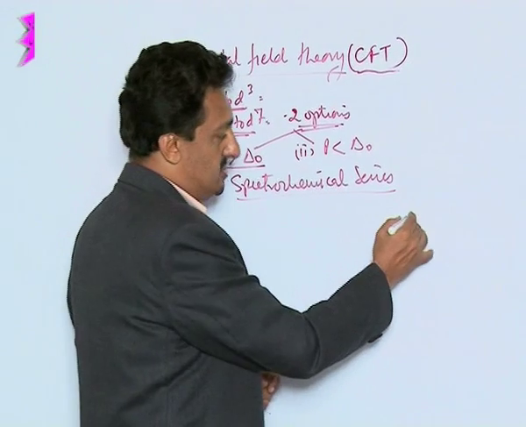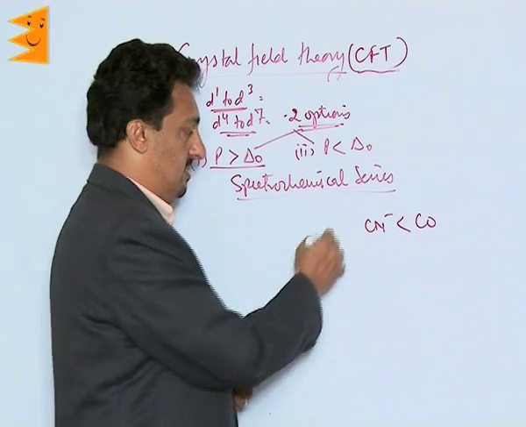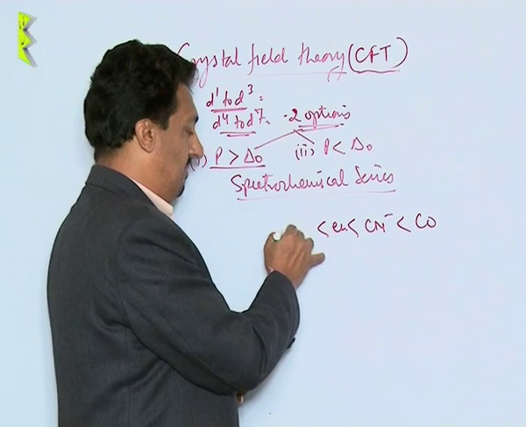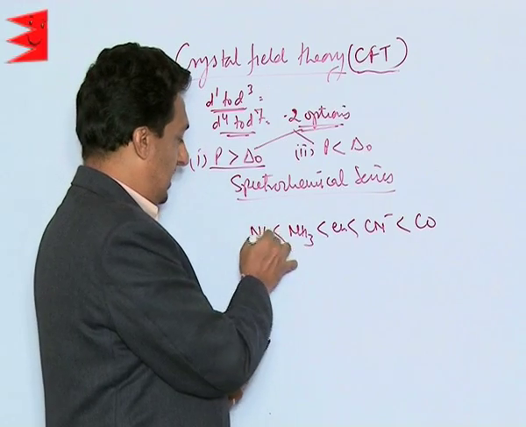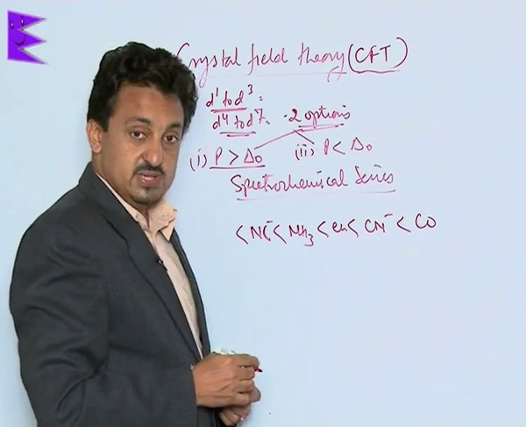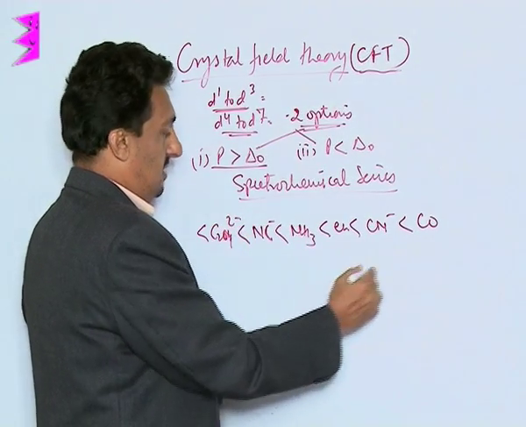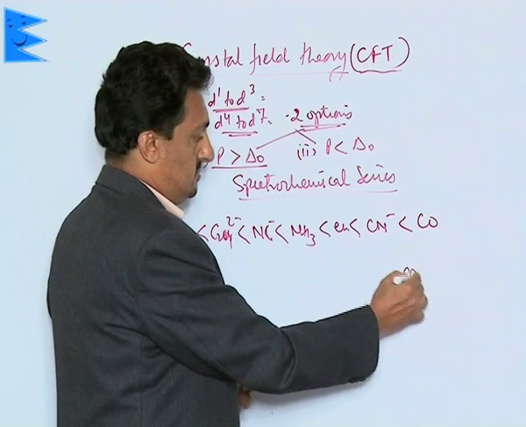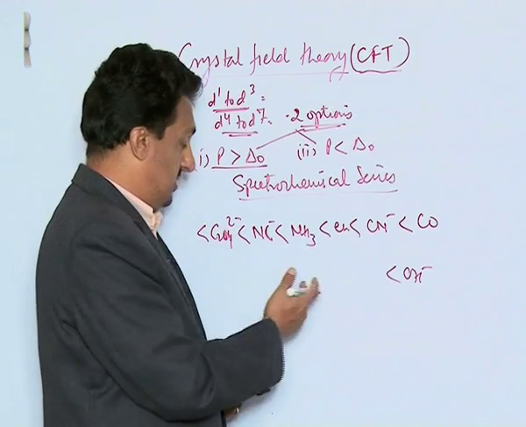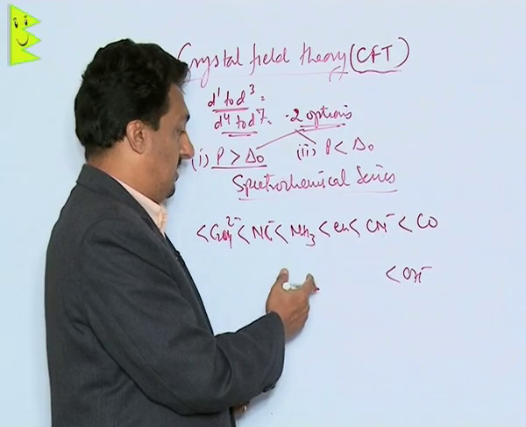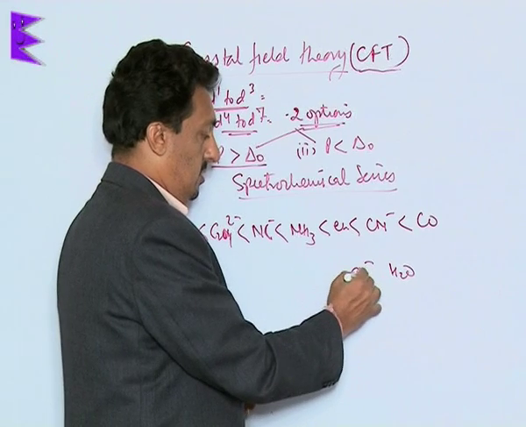Now in this case, the most important is carbon monoxide, then cyanido, where carbon is the donating atom, then ethylenediamine, then ammonia, then isocyanide, then oxalato, then OH minus, and water comes before this as well.